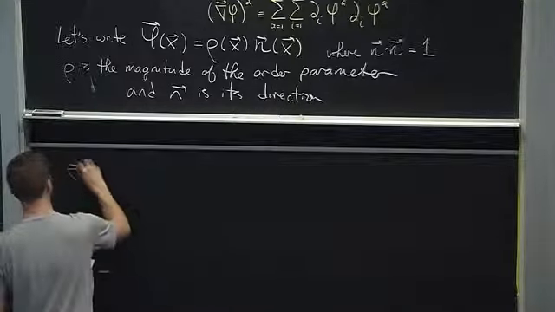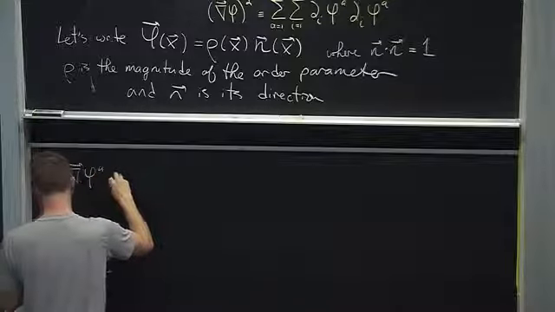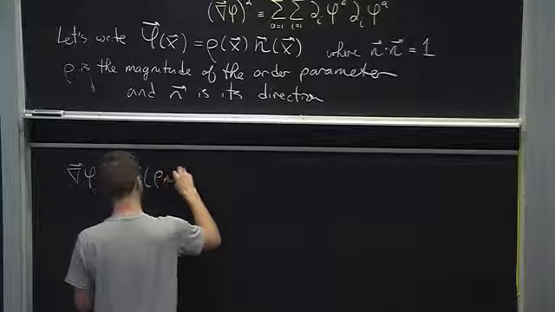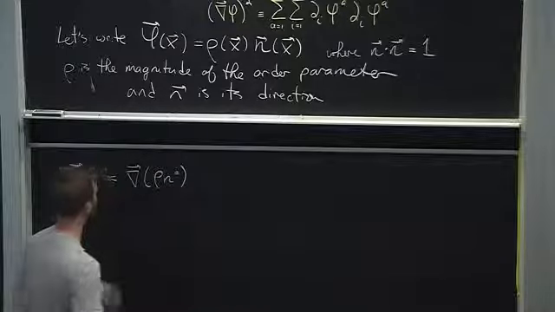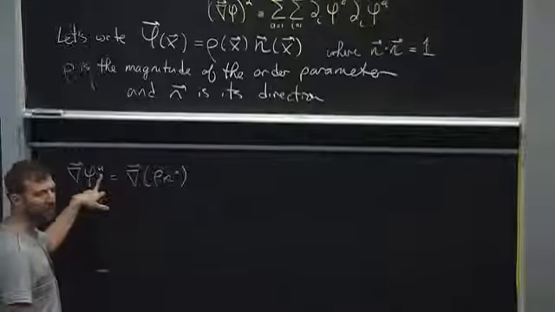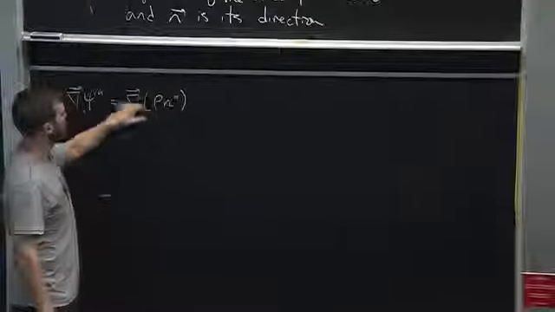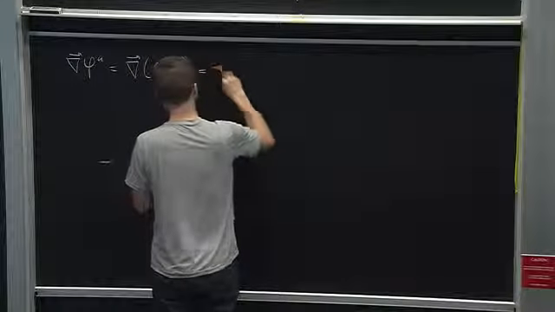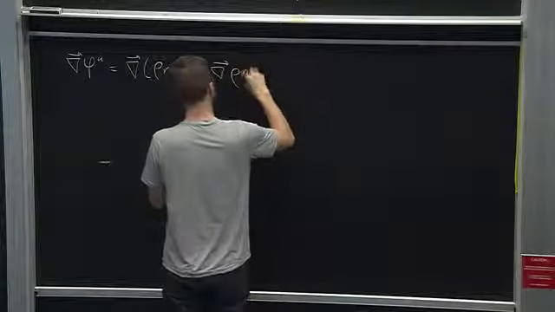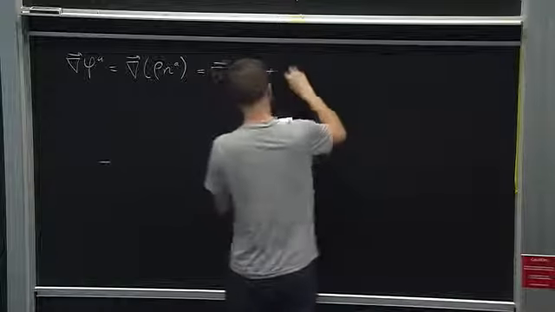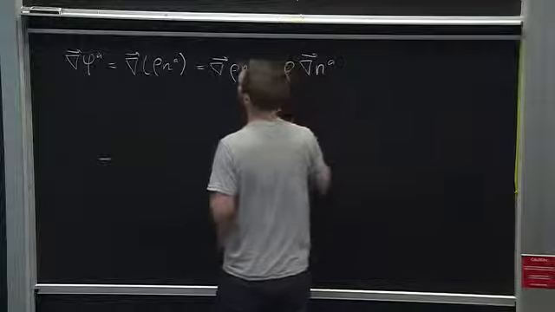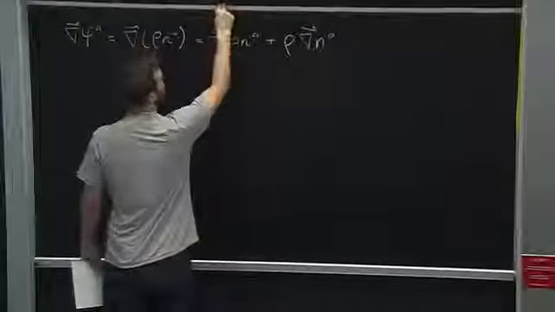So for a single component, we have a magnitude, and then our vector component is translated to the unit vector. So that's a term we have to calculate.